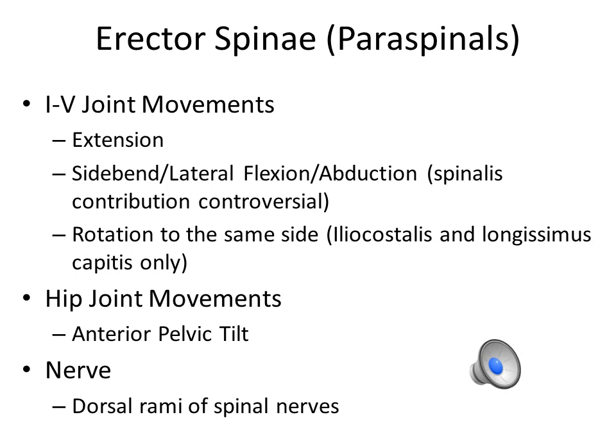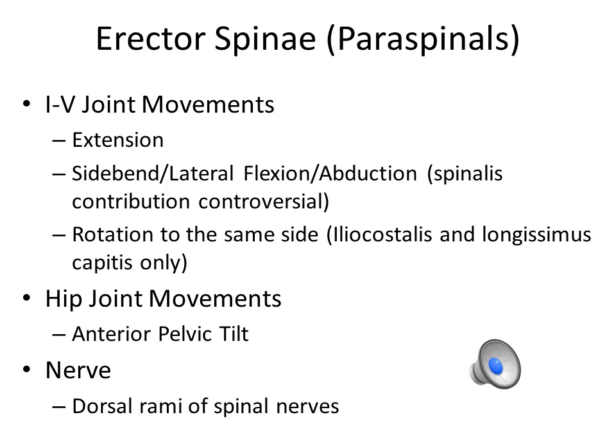They also produce rotation to the same side. This is done through iliocostalis and the capitis or cervical portion only of longissimus. The erector spinae muscles also produce anterior pelvic tilt in the closed chain hip movement.